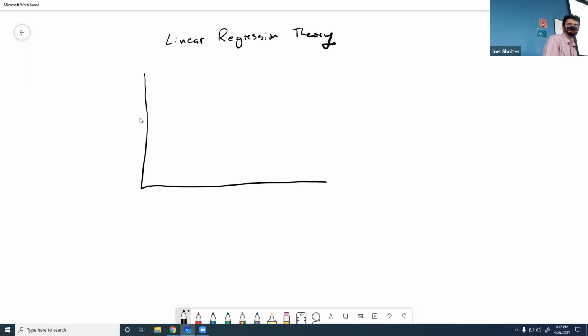So if we go back to a basic plot, and I'm going to draw it this way because we could have a positive or a negative correlation, here are my data pairs. Here's my regression line that fits the data.